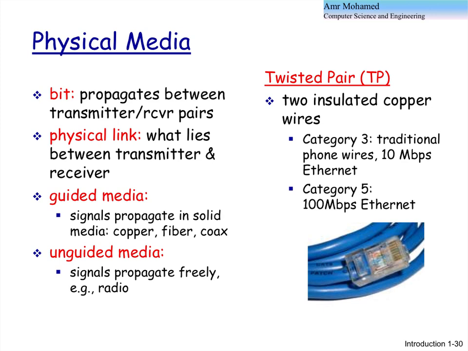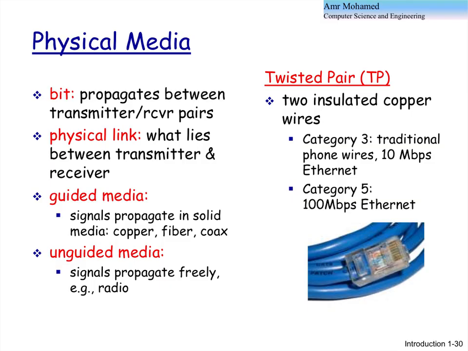But even guided, by the way, includes wireless. There is a special case for wireless that's guided, which is what? Does anyone know? Good for you. Laser, infrared, or microwave links which work only on line of sight.